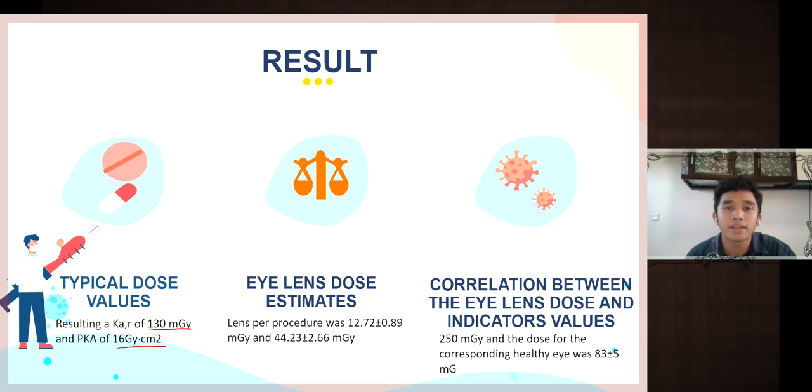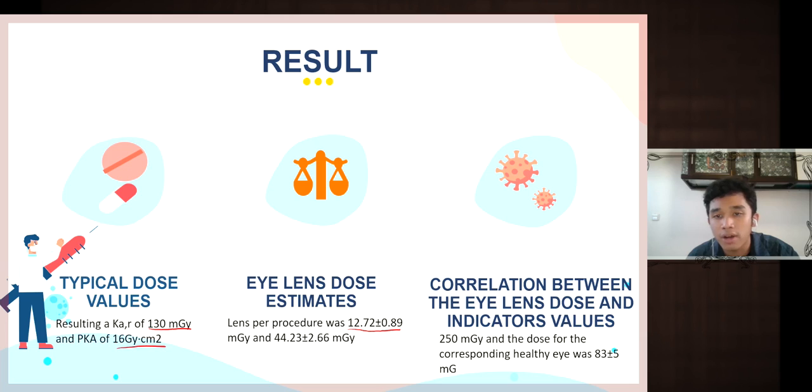The weighted average estimated absorbed dose for right and left eyes per procedure was 12.72 plus minus 0.89 milligray and 44.23 plus minus 2.66 milligray.